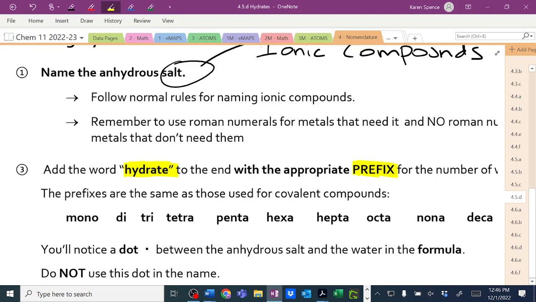So, not too complicated. If you have one water attached, that's going to be monohydrate. If you have two waters attached, dihydrate. 6 waters attached, hexahydrate.